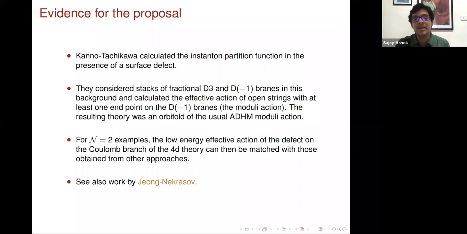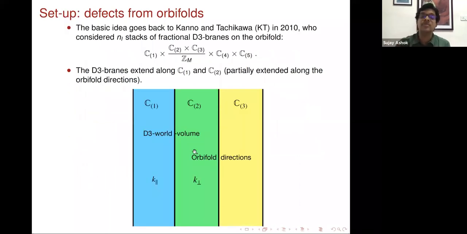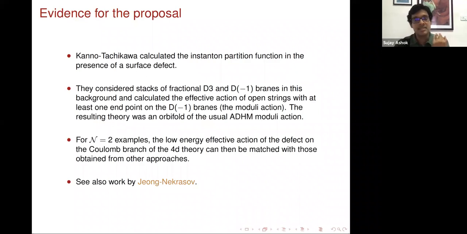So it was pretty clear that this configuration had something to do with surface defects, but what was left out was to understand where these defect parameters are in this orbifold background. Okay, so I hope this point is clear. The orbifold background is all known, but what was unclear was the origin of these alpha, beta, gamma, etas that I mentioned earlier in this picture.